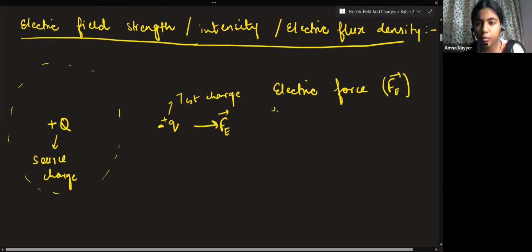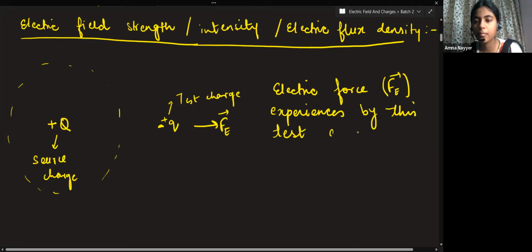So electric force experienced by this test charge, small q, is because of the field of the source charge.